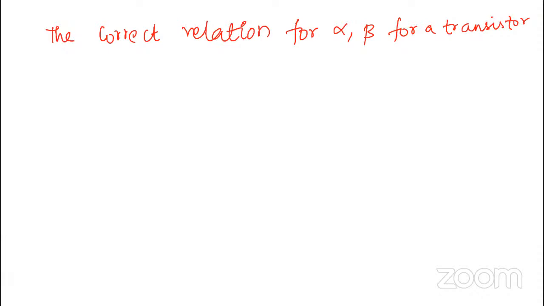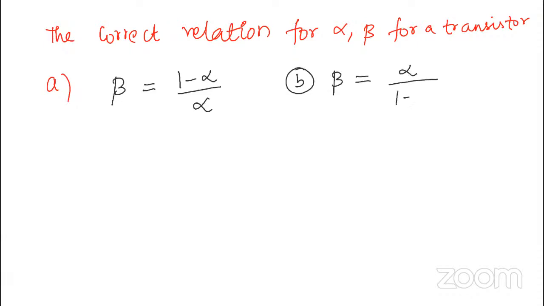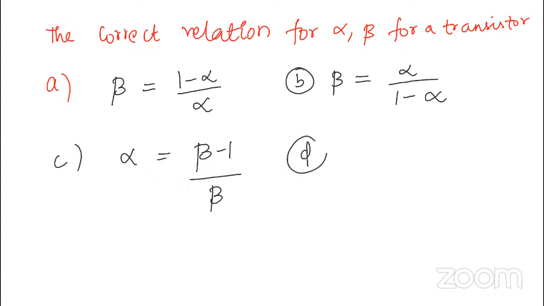Options are: A, beta is equal to 1 minus alpha by alpha, and option B, beta is equal to alpha divided by 1 minus alpha, and C, alpha is equal to beta minus 1 divided by beta, and D, alpha beta is equal to 1.